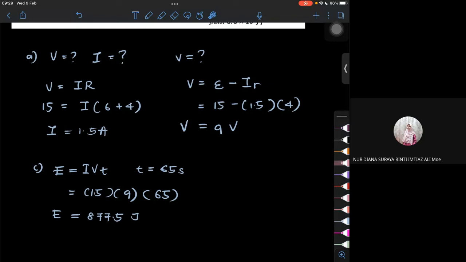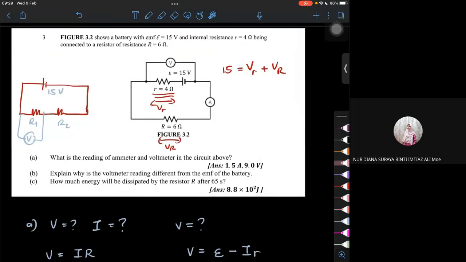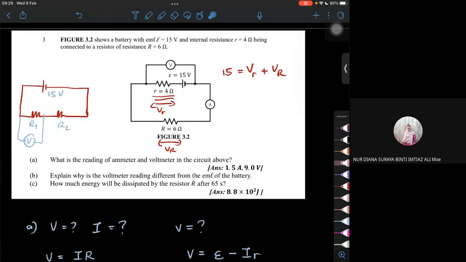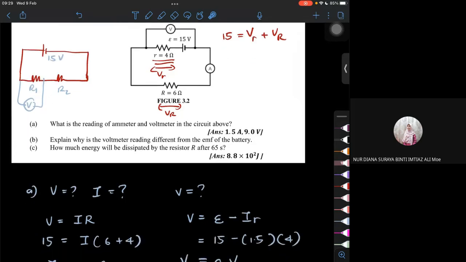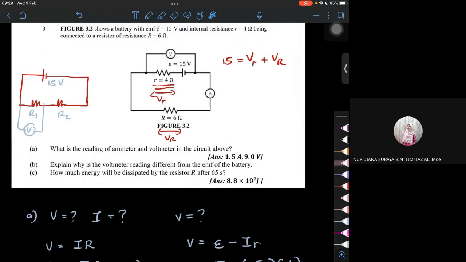Miss yang volt tu kan. Cuba Miss scroll atas dulu tengok soalan. Kan Miss cakap atas tu 9 volt, bawah tu pun 9 volt. Jadi 6 volt lagi pergi mana Miss? Basically, because dekat atas ni adalah the voltage across these two, across the resistor and across the battery.